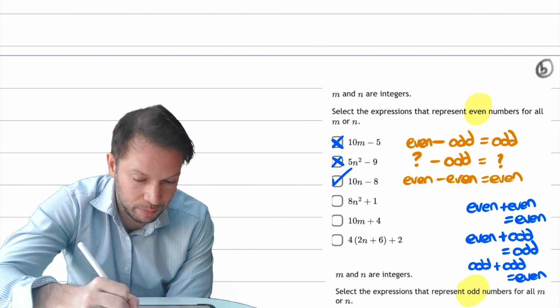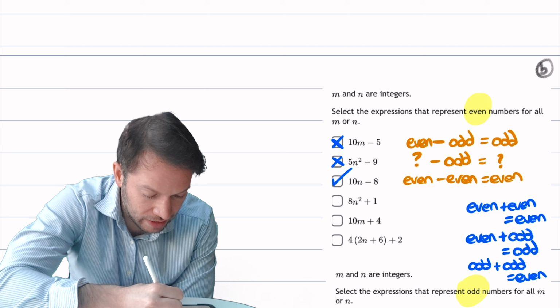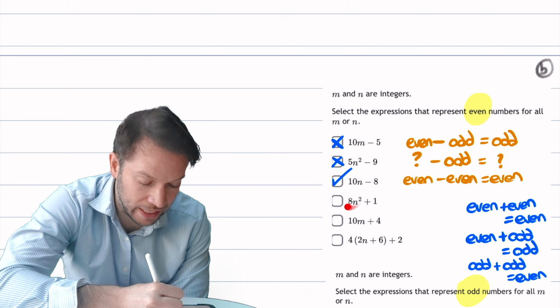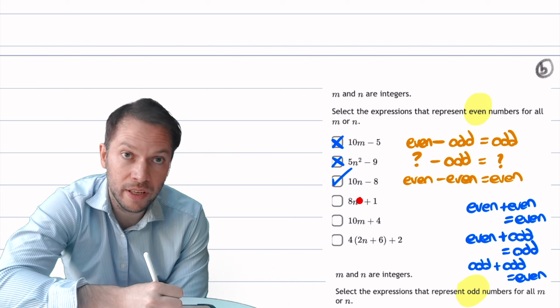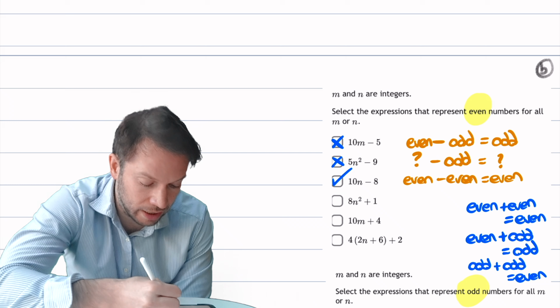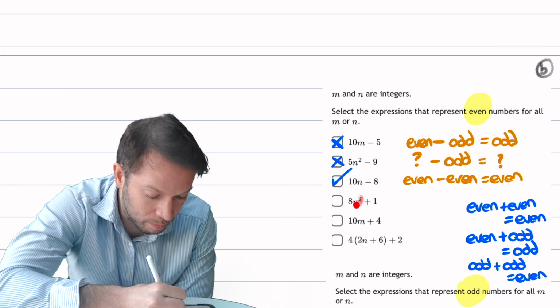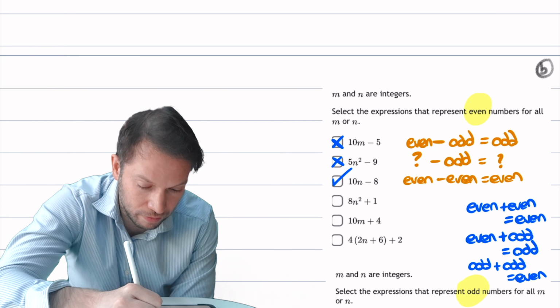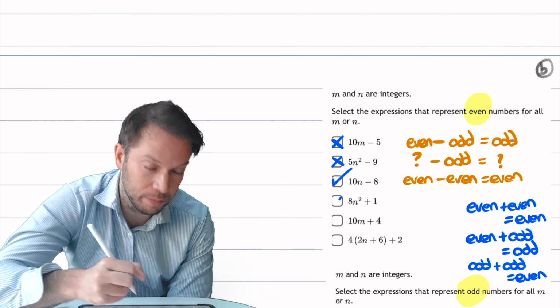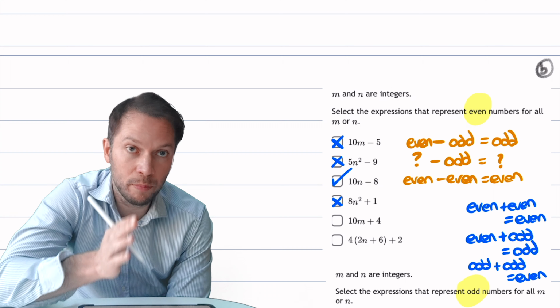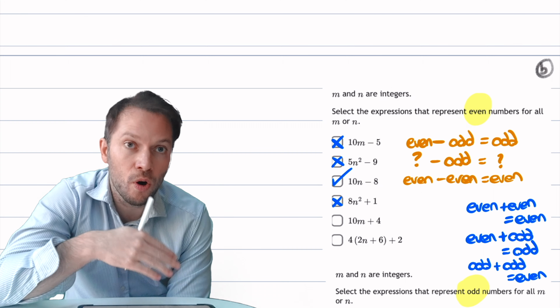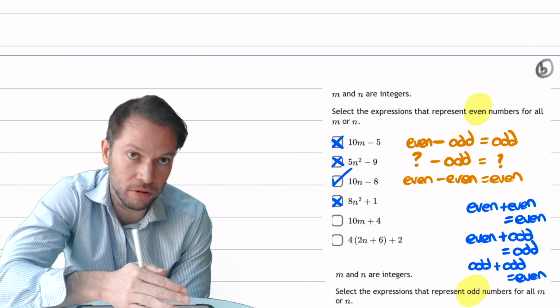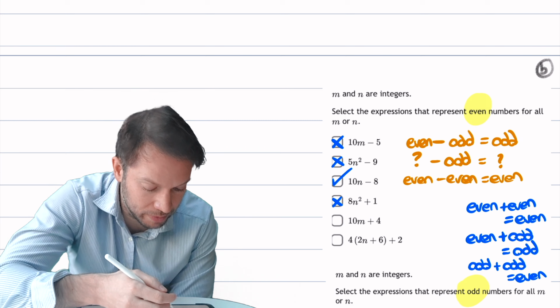Let's slightly speed up with these other ones. 8n squared is guaranteed to be even because you've got 8 times the number. Even times anything is going to be even. So it's an even plus an odd, but we said even plus odd is odd. So therefore, this one is not an example. Remember, we have to have even plus even or even minus even, or they both have to be odd, so odd plus odd or odd minus odd, to get an even number.